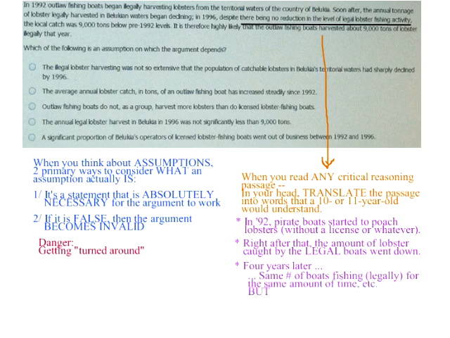But they caught 9,000 tons less than they did. It says in 1992, but what is the real point of pre-1992 levels? Pre-1992 levels are before what? Before the pirates, exactly.